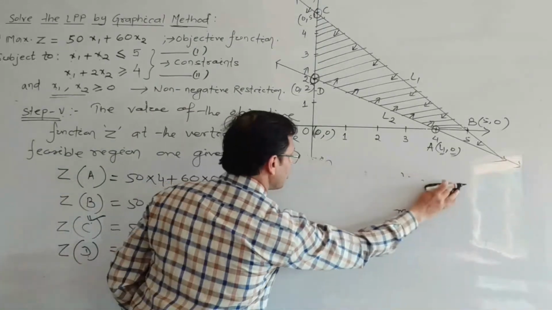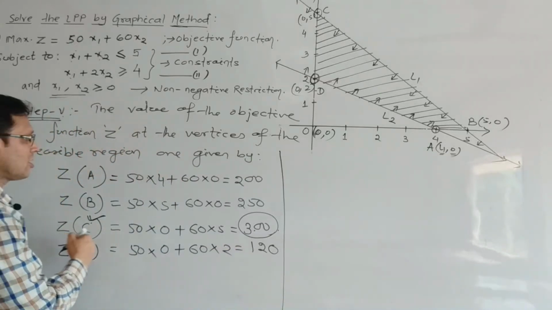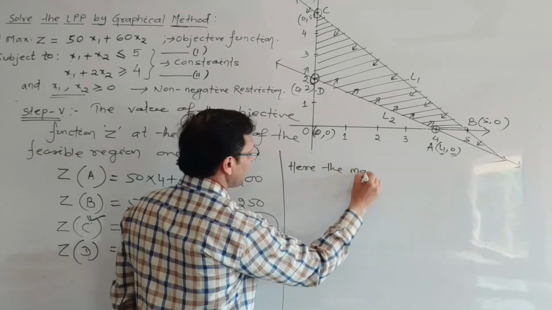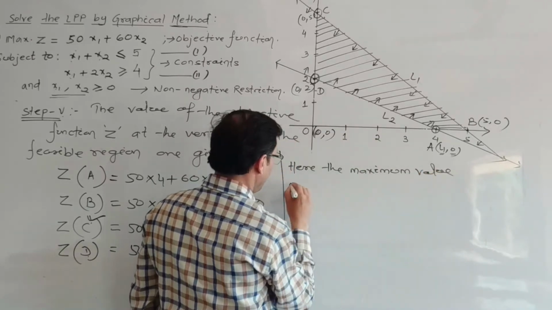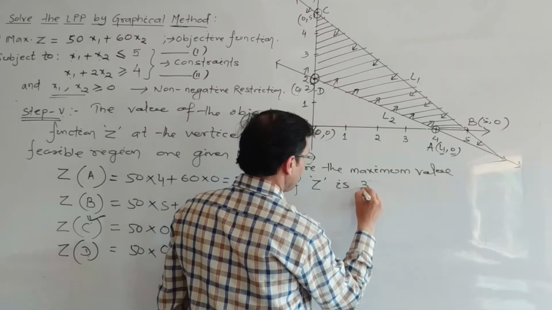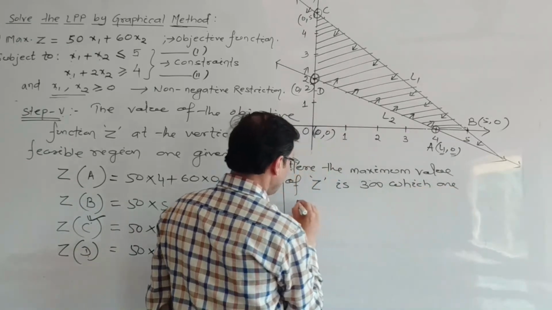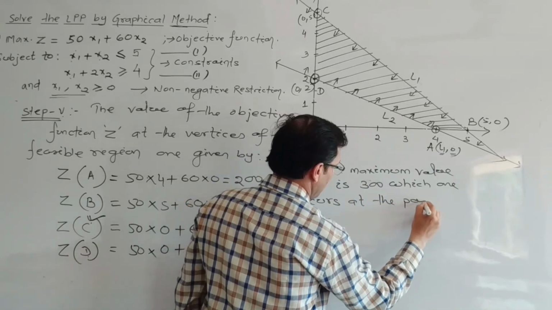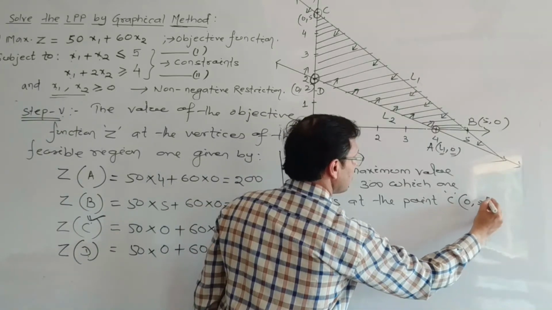Hence, you have to write here the feasible solution. Which one is the feasible solution? You should write: the maximum value of the objective function z is 300, which occurs at the point C, that is the point having the coordinate (0, 5).